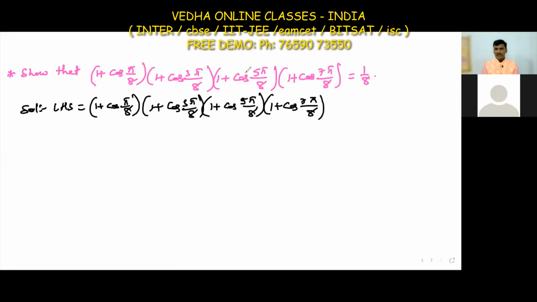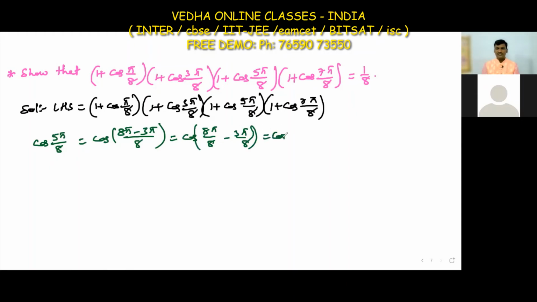Now I am trying to convert this cos 5 pi by 8. We can write 5 pi as 8 pi minus 3 pi, so cos of 5 pi by 8 is cos of 8 pi by 8 minus 3 pi by 8. 8 pi minus 3 pi is 5 pi.